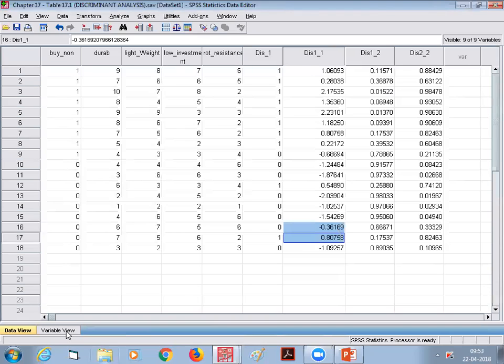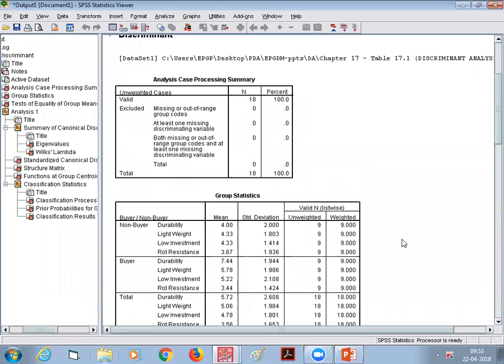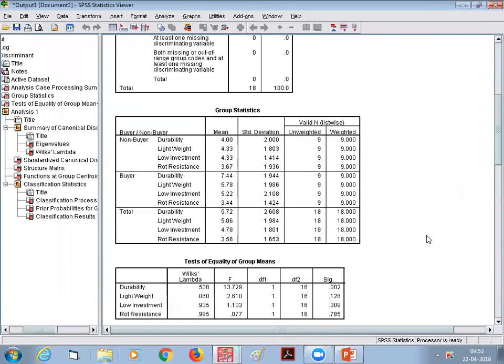Let me go to variable view, data view directly now. Look here now. How many customers did we take initially? 18 customers. Now these are the group basic statistics only. For the non-buyer group, for all 4 variables, what is the average scoring?